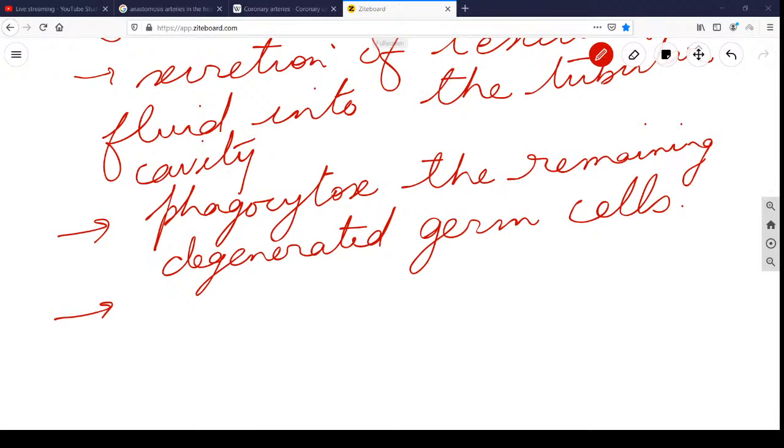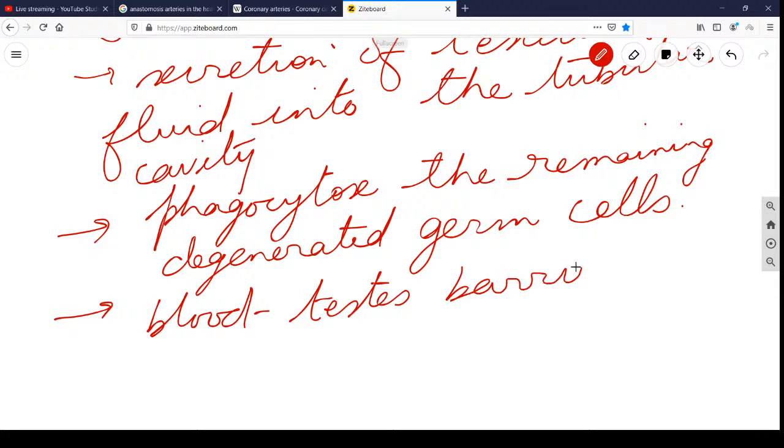What else can it do? I had told you in one of the classes that the tight junctions between the basal portions of the adjacent Sertoli cells provide a very great barrier known as the blood testis barrier. This is extremely necessary so that the T helper cells, which are in the blood, shouldn't reach the sperms, because sperms have been produced by meiosis, meaning crossing over.